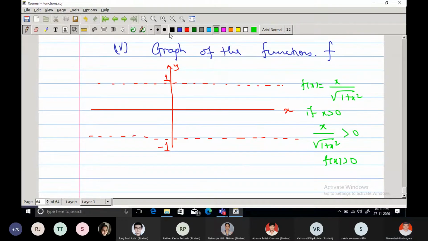Therefore, if you look at positive values of x, the function is positive, and you see that the function is like this. There are other techniques to determine the nature exactly, and it is going towards this way. The function is 1-1. So the situation is not like this. If the situation is this, then the function is not 1-1, because by the horizontal line test there are 2 points with the same value.